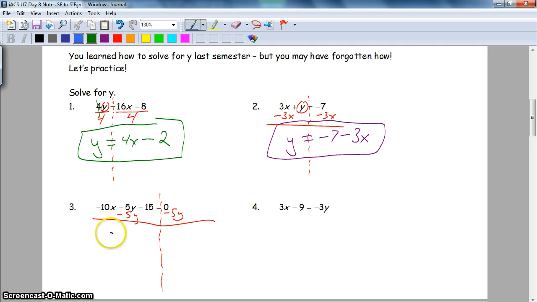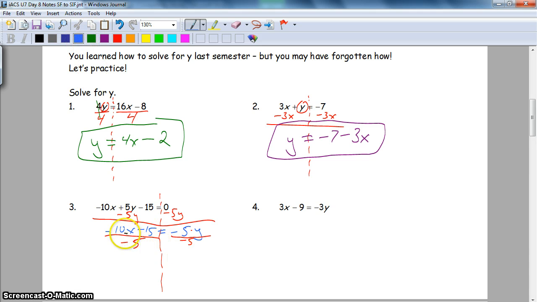So now we're at negative 10x minus 15 equals negative 5y. Now, is y by itself yet? Nope. Still got to get rid of this negative 5. So how am I going to get rid of this negative 5? It's negative 5 times y. So I'm going to divide by negative 5 on both sides.